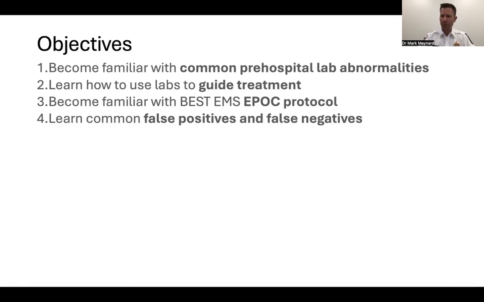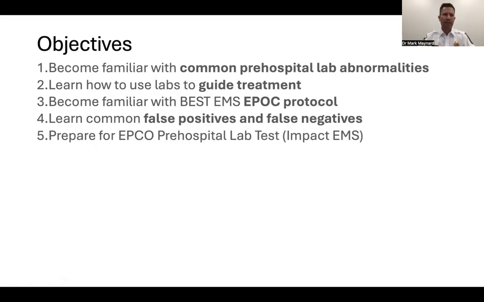No tool in this world is 100% accurate, and there are times where the result doesn't make sense with the clinical picture, and we want to handle that accordingly. And then we also want to prepare you for the EPOC pre-hospital lab test that's coming up. There is a multiple choice question test that is going to be distributed, and everybody will need to pass that test before using the system.